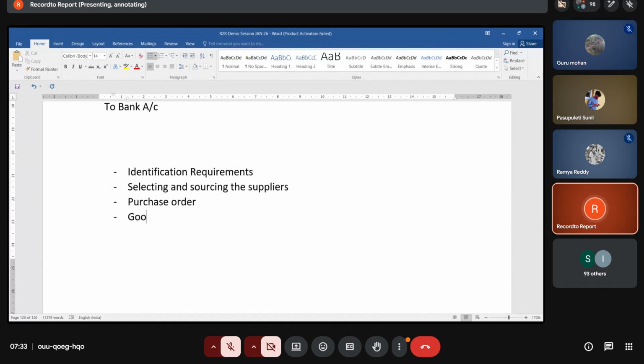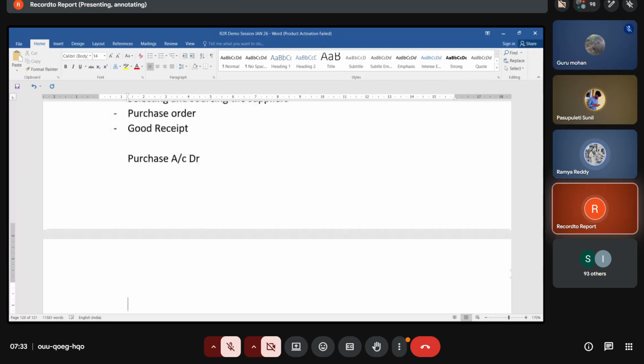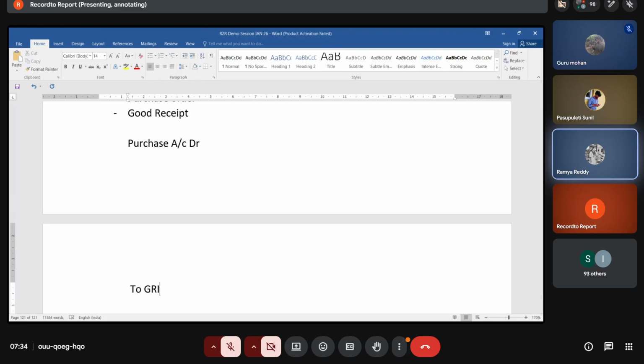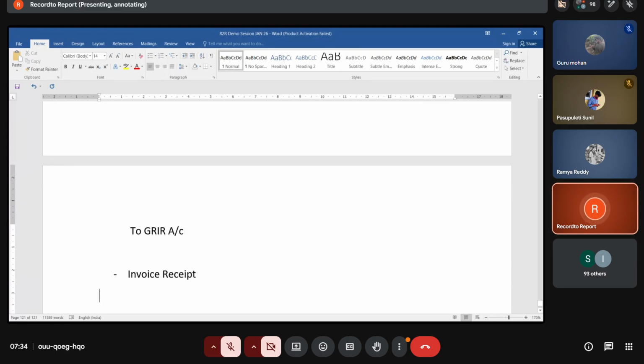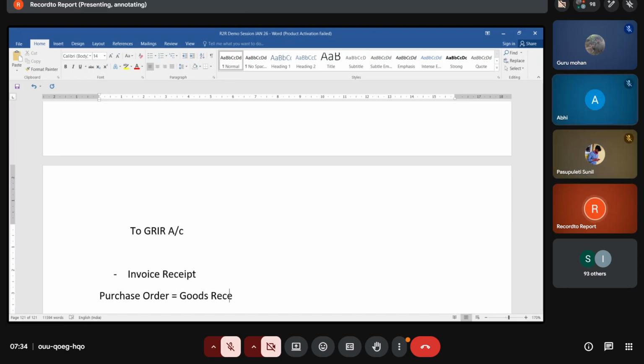The next stage is goods receipt. What is the entry to be recorded if the goods are received? Purchase account debit to GRIR account. The next stage is invoice receipt. Once the invoice is received, we compare three parameters: purchase order, goods receipt, and invoice receipt.